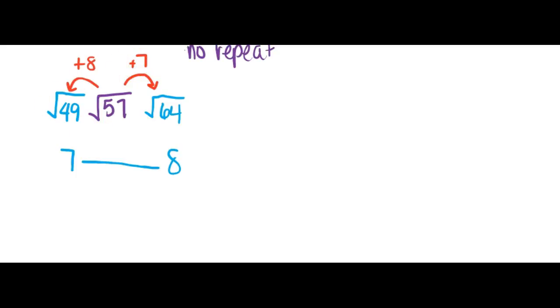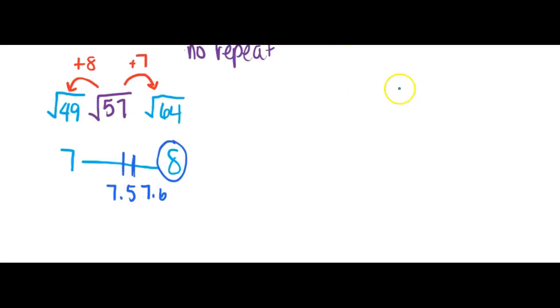So this kind of lands us approximately directly in the middle, and 7.5 would not be a bad guess. But because there's only 7 numbers difference between 57 and 64, we are closer to our 8. So we could even say 7.6. It's hovering around the middle, but closer to the 8, which is why I chose 7.6.